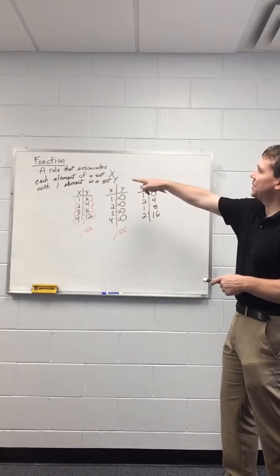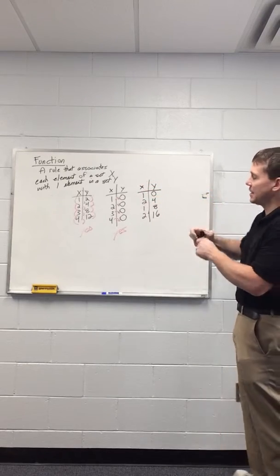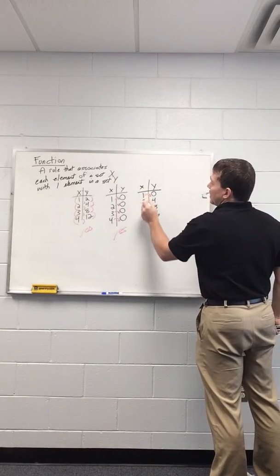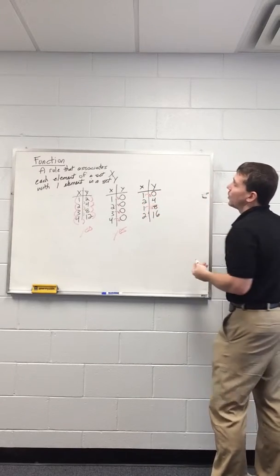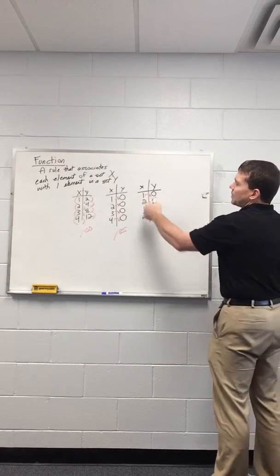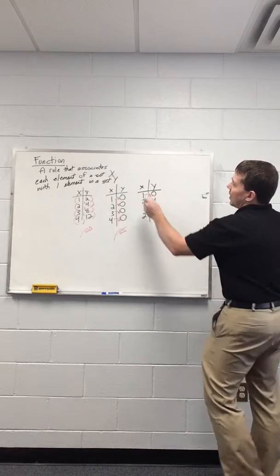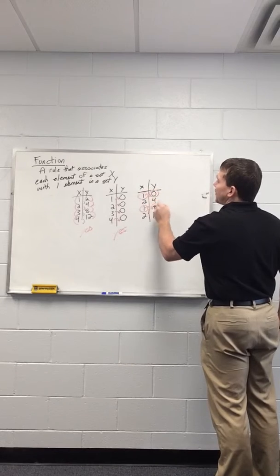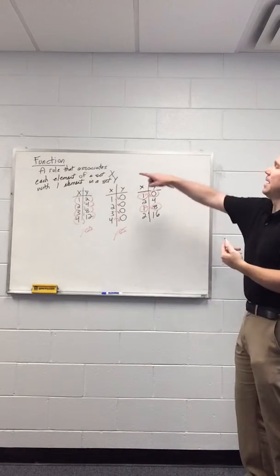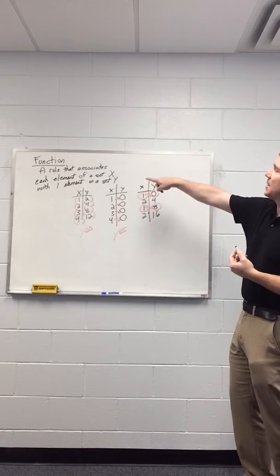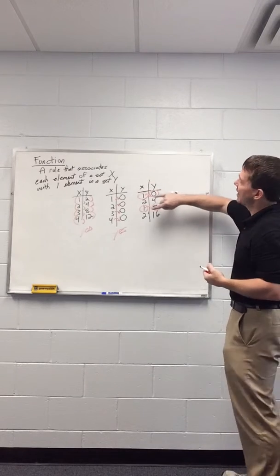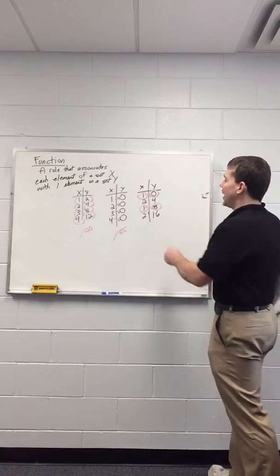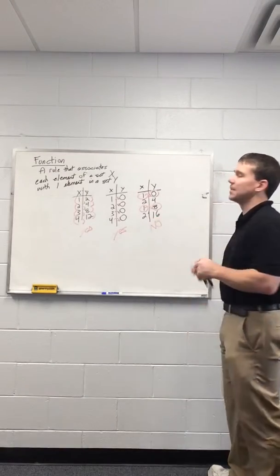To be a function, each element of a set X goes with one element in a set Y. But the problem here is, I have 1 going to 0, and I have 1 going to 8. There's also a problem with 2. But now, I have the number 1 going to two different y's, 0 and 8. And by definition, each element of a set X can only go to one Y. Here, the number 1 goes to two different y's, so this isn't a function.